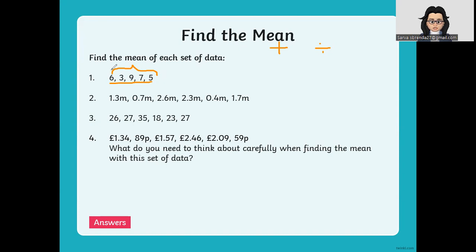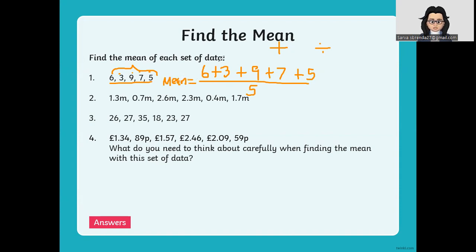Now, if you want to share them out equally among the 5, how much will each get? So 6 plus 3 plus 9 plus 7 plus 5 divided by 1, 2, 3, 4, 5, 5 sets of data. And that's how we calculate the mean.